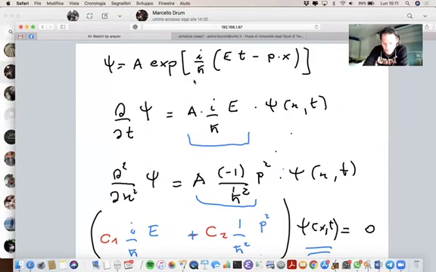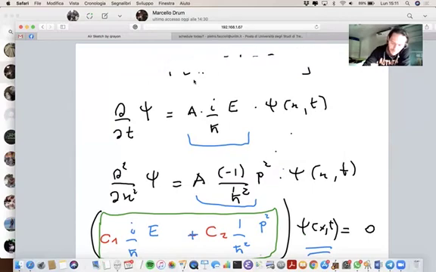Now, I want this to be 0, which means that this argument in here, which I'm now circling in green, must vanish, because if this argument vanishes, then no matter what psi is, this is going to be 0.